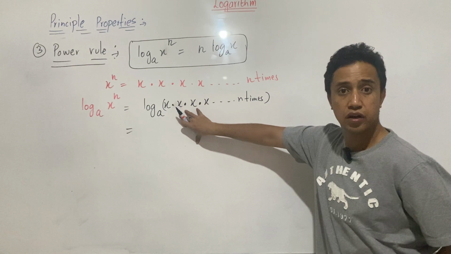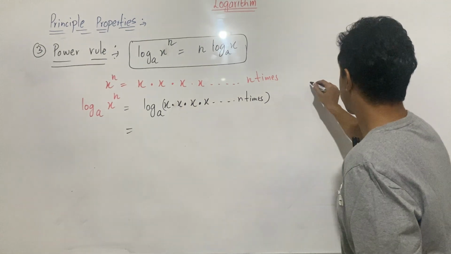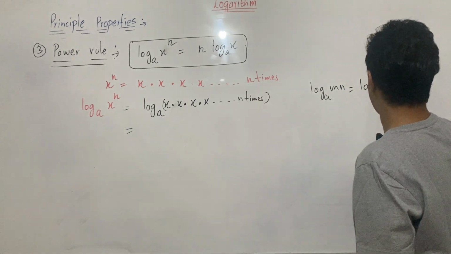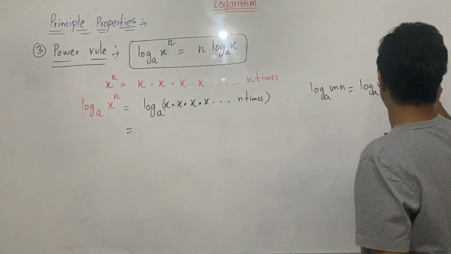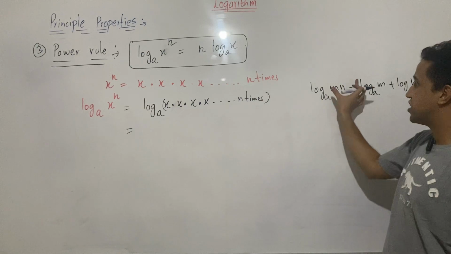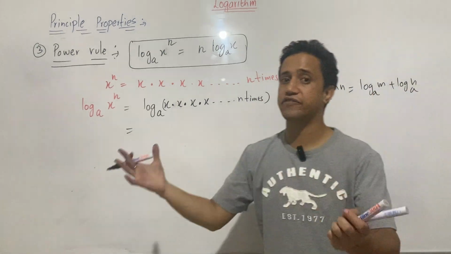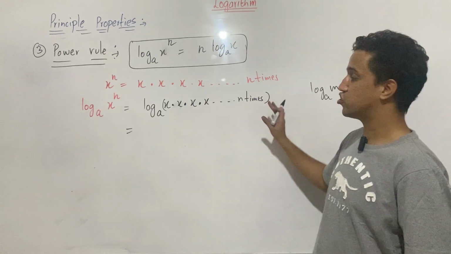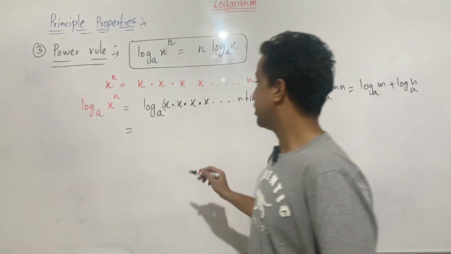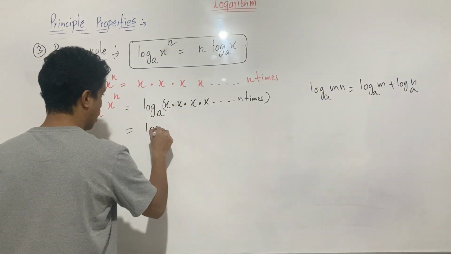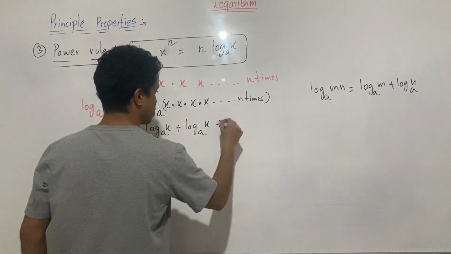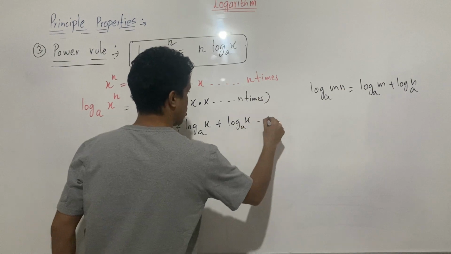Now if you look at this, you can use the product rule, which says that log mn to the base a equals log m to the base a plus log n to the base a. And I said that in a product you can have two or more numbers, and here you have x how many times? n times. So here it would be log of x to the base a plus log of x to the base a plus log of x to the base a, and so on.